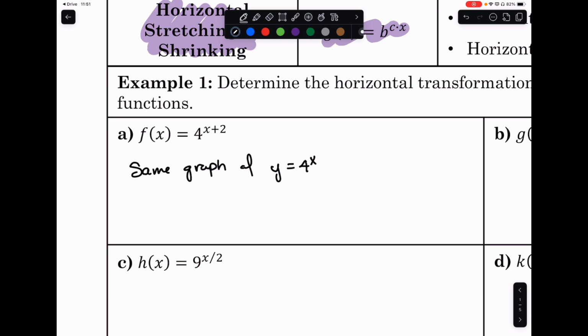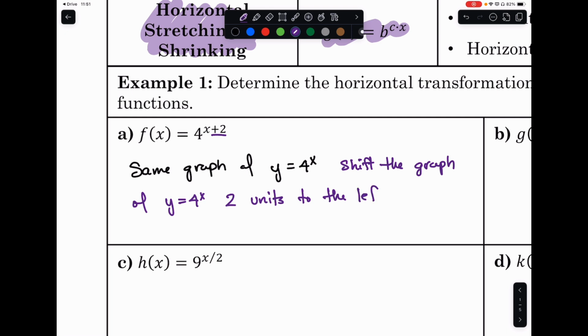The only difference is that the plus 2 is going to shift the graph of y equals 4 to the x 2 units to the left.